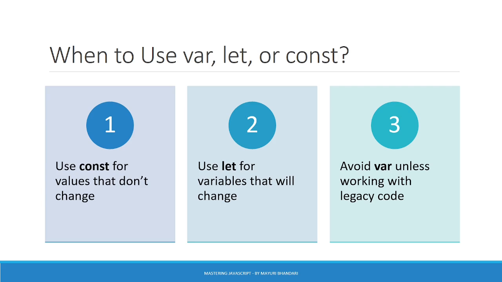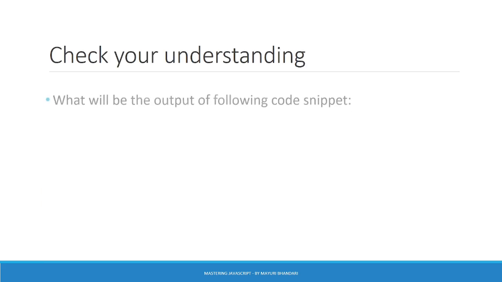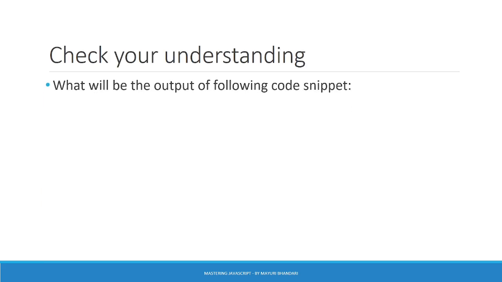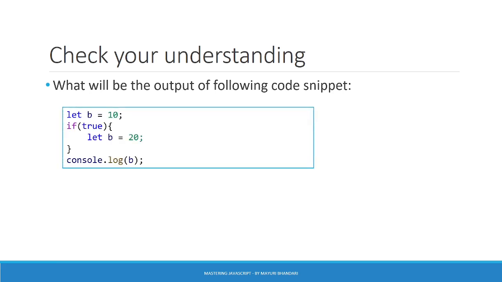Here is a tricky question for you. To check your understanding, what will be the output of the following code snippet? I'll just explain this code snippet in brief. First, we have declared one variable b using let, and then if (true), let b = 20.